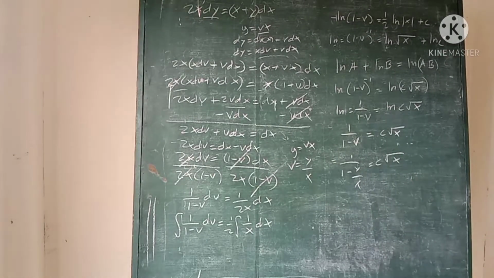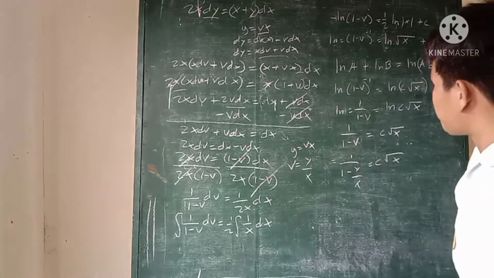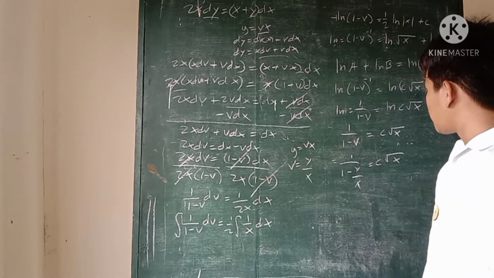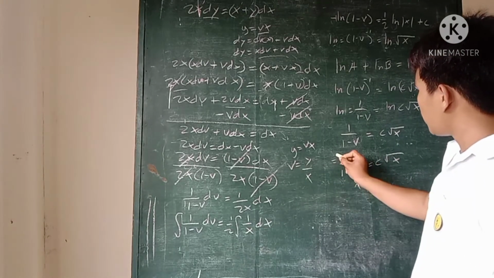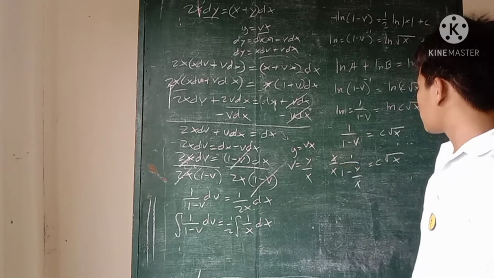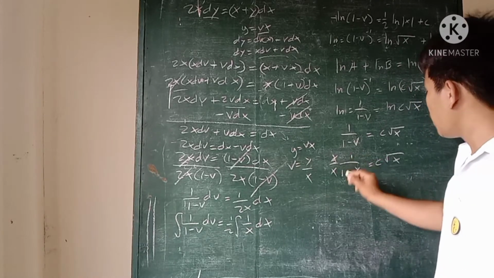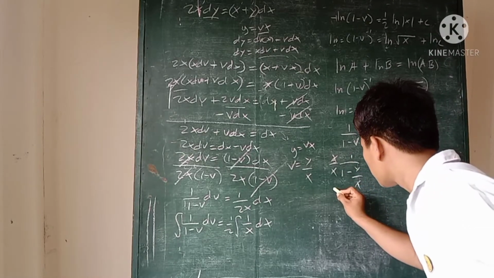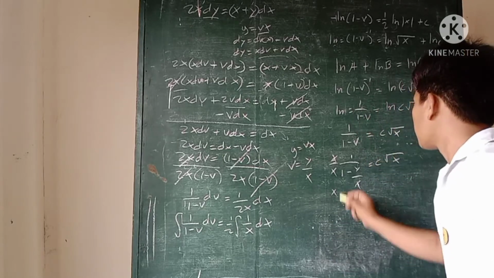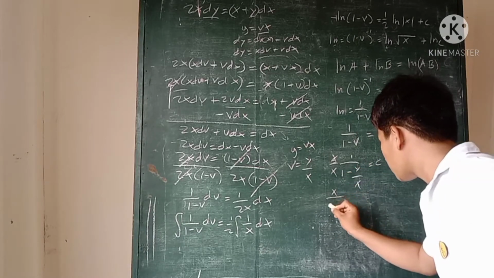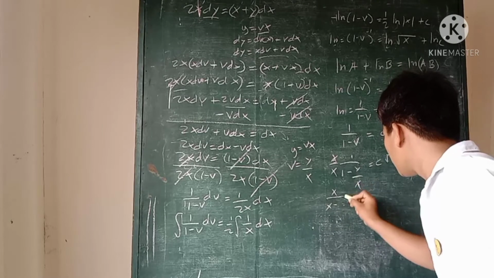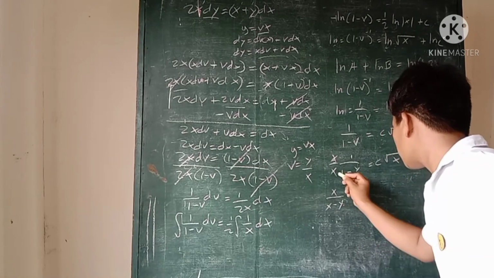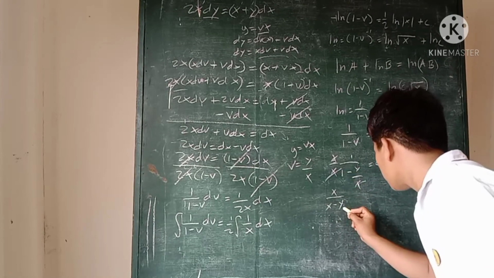Okay, so next proceed to multiply by x over x. So x times 1 we get x, and x times y over x equals x minus y. So x over x cancelled out.